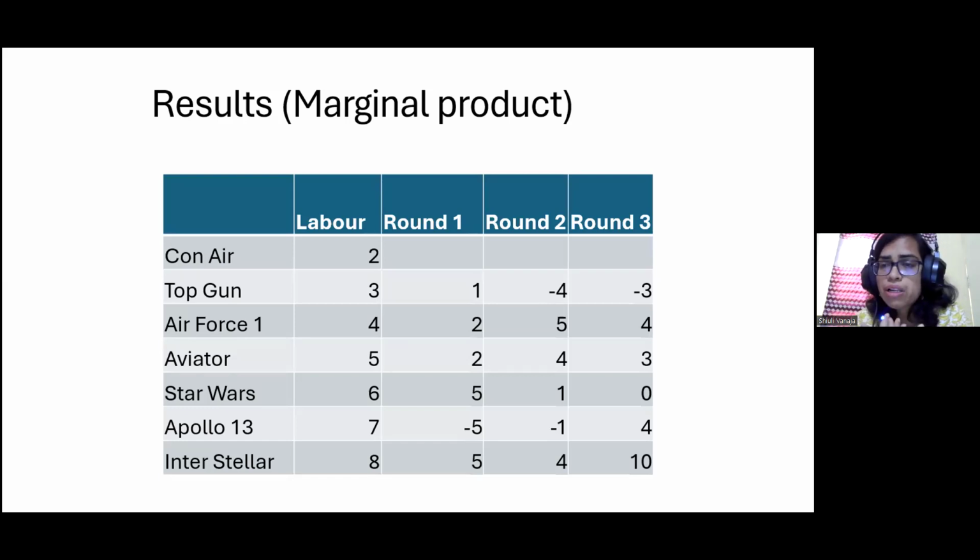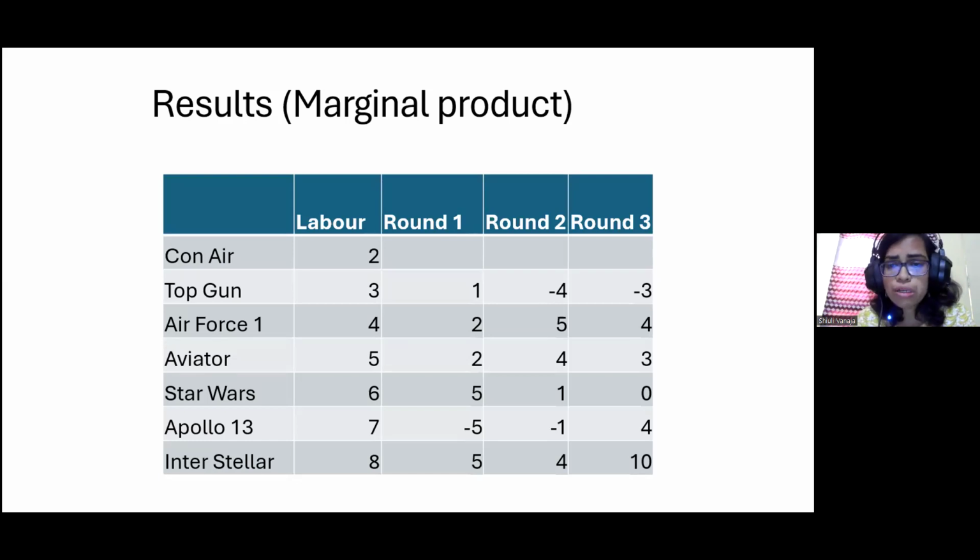As a principle, the firm would like to keep increasing the number of workers, or in this setup the number of students, till you reach a point where the marginal product becomes 0. What does that mean? That means that if I keep increasing the workers any more, the addition to total output will be 0. And after that, if I move forward, there will actually be a reduction in the total output, or the marginal product will become negative.